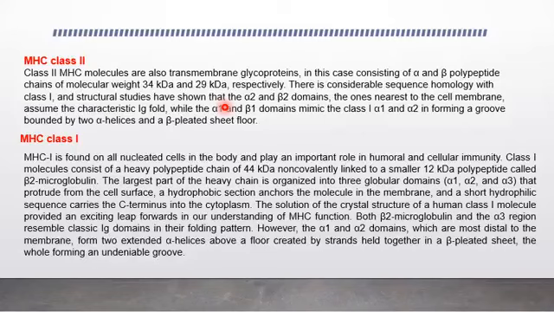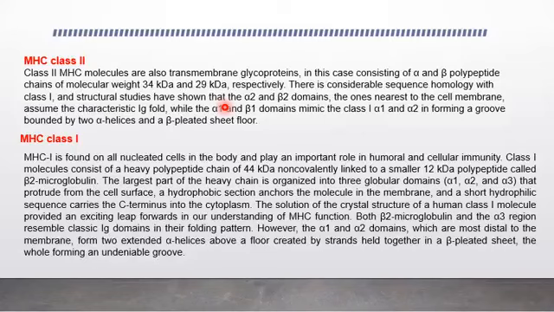Okay, so the MHC class 2 is just expressed on the dendritic cells, B cells, and the macrophage. And it is a transmembrane glycoprotein in this case consisting of alpha and beta polypeptide chains of molecular weight 34 kilodalton and 29 kilodalton.